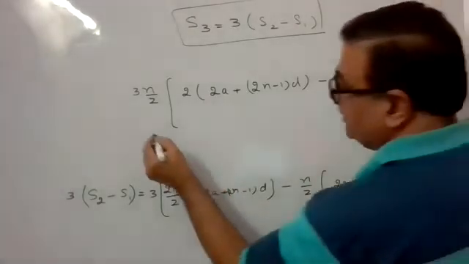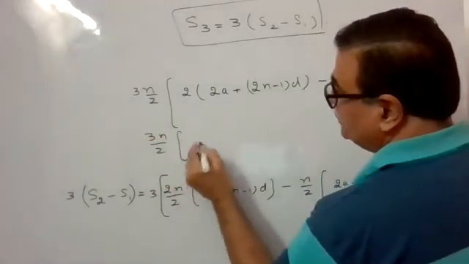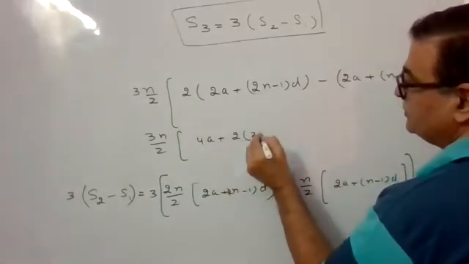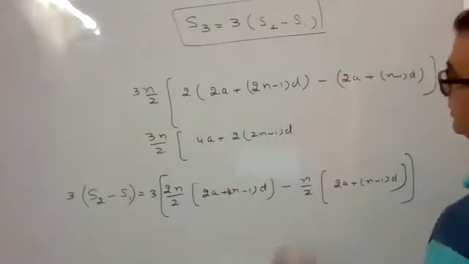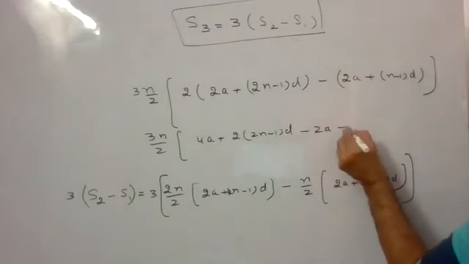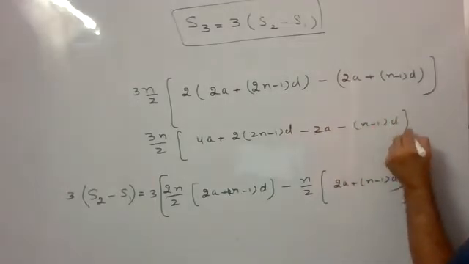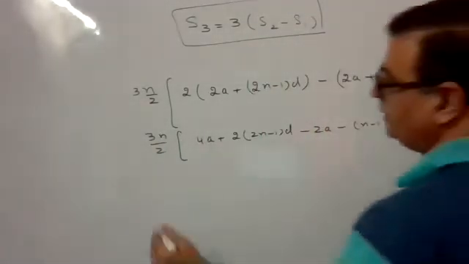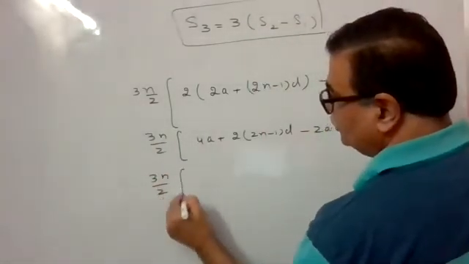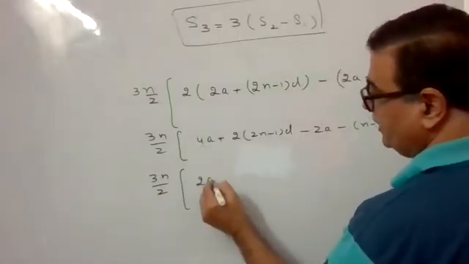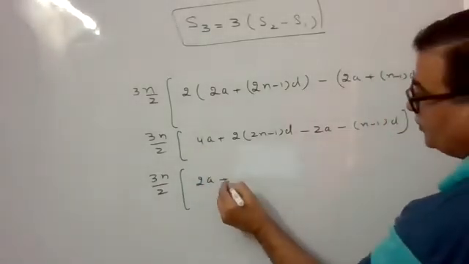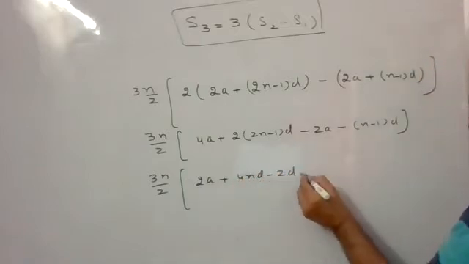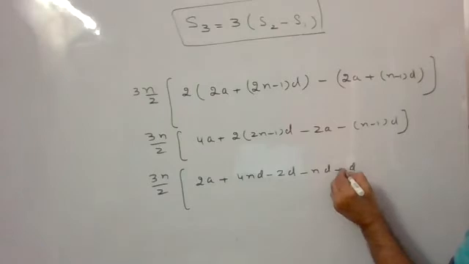Now when you solve it, it will come out to be 3n by 2, 4a plus, what will this come? 2 times 2n minus 1 into d, 4nd minus 2d, minus 2a and then minus of n minus 1 into d. Now when you solve it, it will come 3n by 2, 4a minus 2a will be 2a.